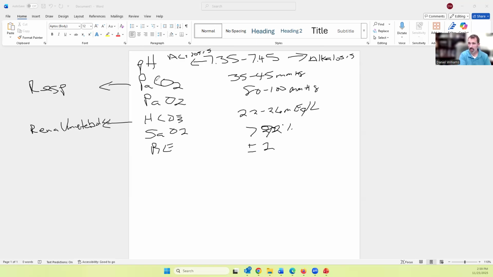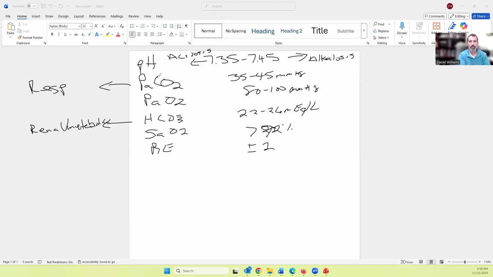We're going to look at the PaCO2 for the respiratory component, and at the overall effectiveness of ventilation. If your ventilation is not effective, your CO2 is going to be high. So ineffective ventilation, or hypoventilation, is going to result in hypercarbia or hypercapnia, meaning your PaCO2 is in excess of normal.